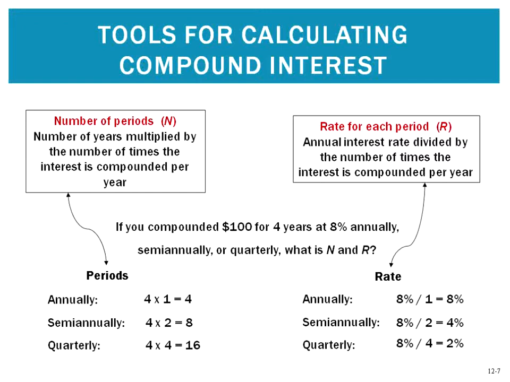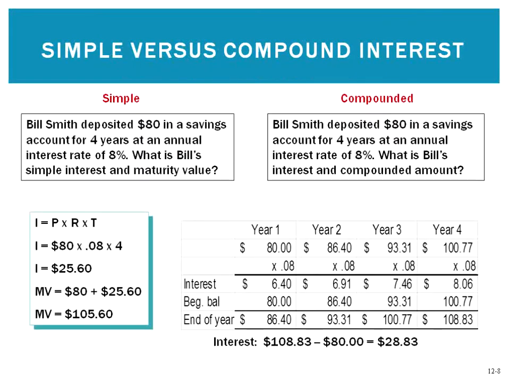If you just increased the number of periods, but you didn't change the rate, you'd be charging too much interest. Right? Think about it. If we would have just said 4 years at 8%, okay, let's make it quarterly. If we made it 16 and we kept it at 8%, now instead of 4 years, it's 16, and so they're just paying so much more interest. So to make sure that we compensate for the multiplication for the periods, we have to divide the rate by the 4 as well.